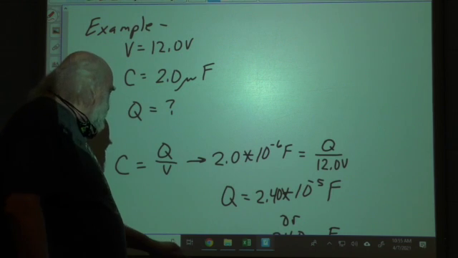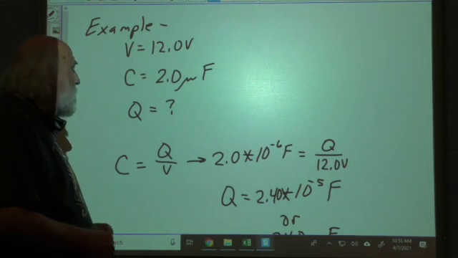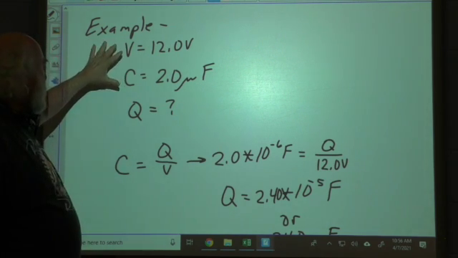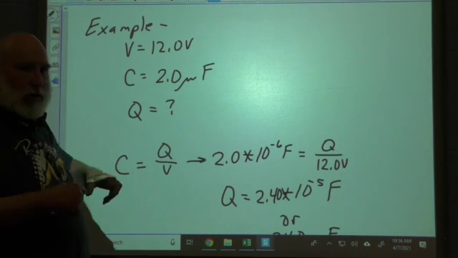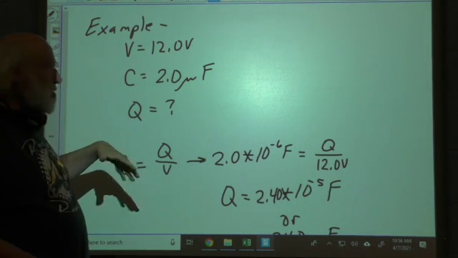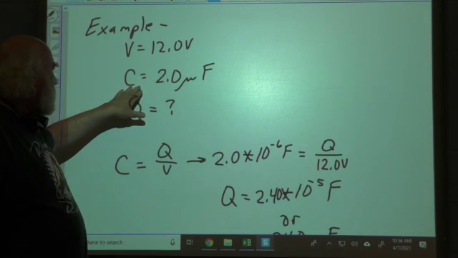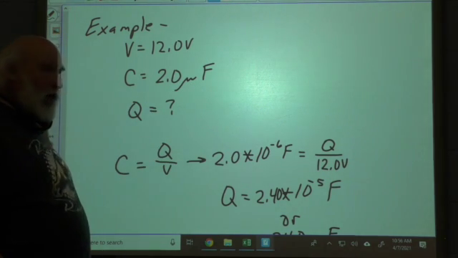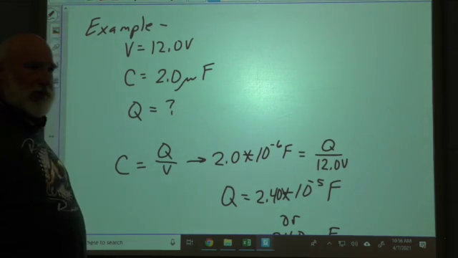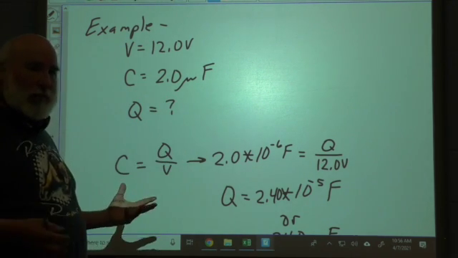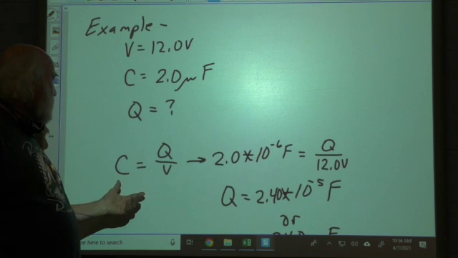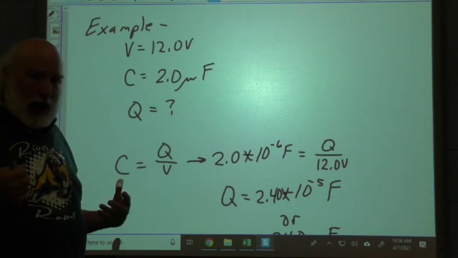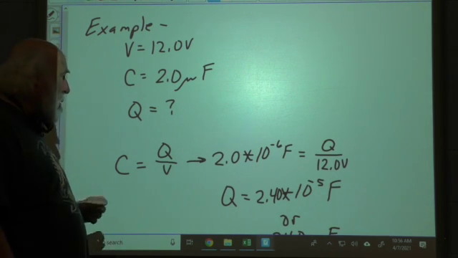So a couple examples I gave for the calculations for this particular concept, we have the one here. Suppose we have a 12-volt battery hooked up to the system. So this is a DC system. We have a capacitance of 2 microfarads. And again, the labels for SI mean the same for electrical as well as mechanical physics. So the formula C equals Q over V, as we're trying to figure out how much static electricity we have in that capacitor.